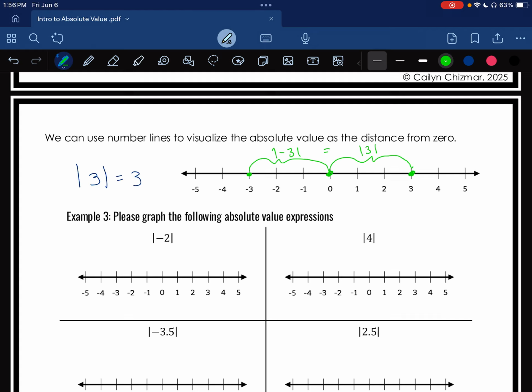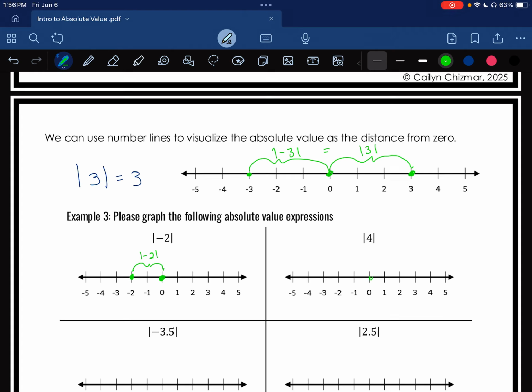All right, so let's go ahead and graph these next couple. What are those looking like? So -2, we visualize as this distance. If this is where -2 is, and that's 0, the absolute value of -2 is telling us this distance right here.